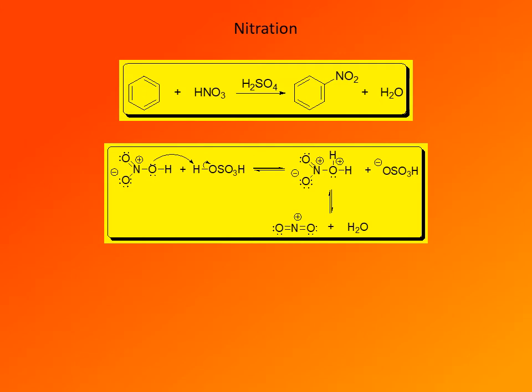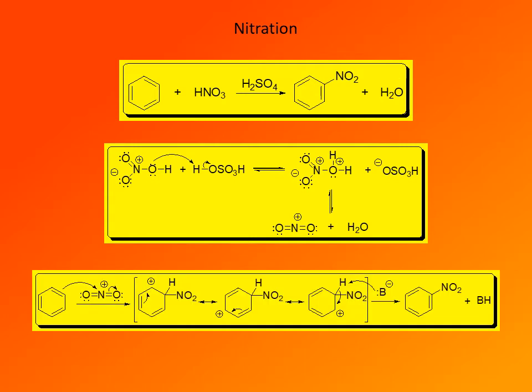Here is how mixing nitric acid with sulfuric acid provides the activated electrophile for nitration. Sulfuric acid is stronger than nitric and protonates nitric acid. Protonated nitric acid loses a molecule of water to give the nitronium ion, and this nitronium ion is electron deficient, so this is the activated electrophile.